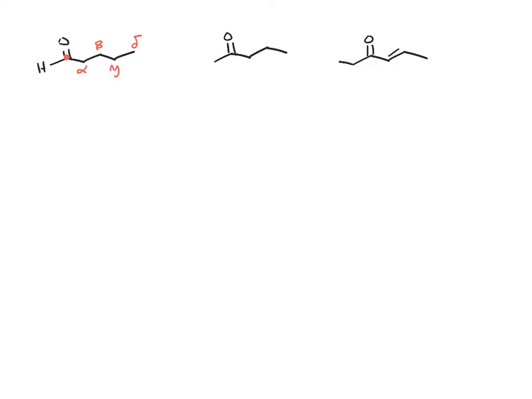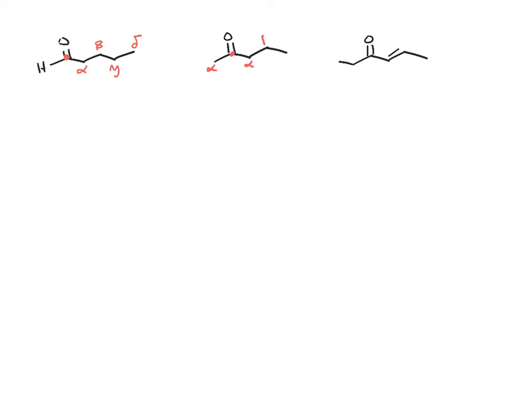Now, if we do this one here, again, think of the carbonyl as your starting point. There's a carbon attached on the left. That's an alpha carbon. But there's also a carbon attached on the right. That's also an alpha carbon. You can have two alpha carbons because you can have two carbons attached.